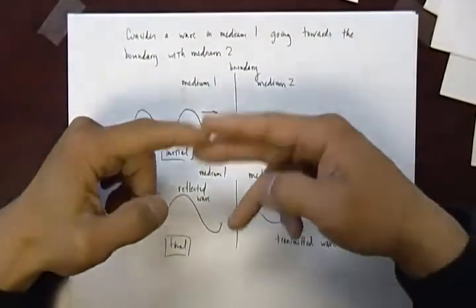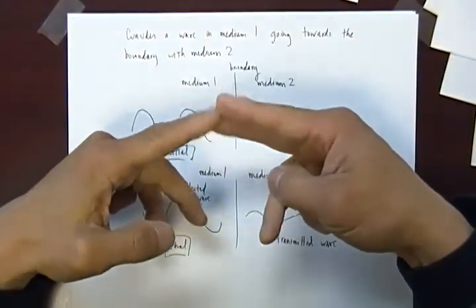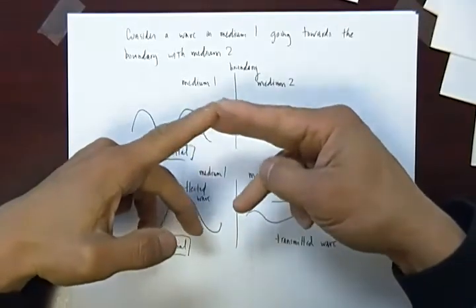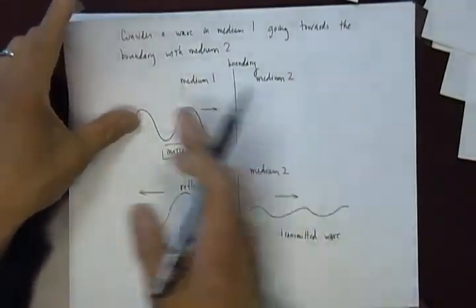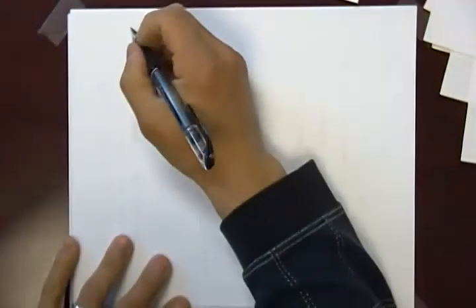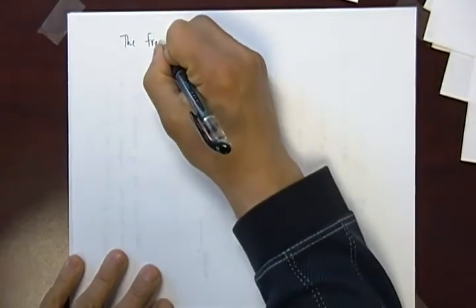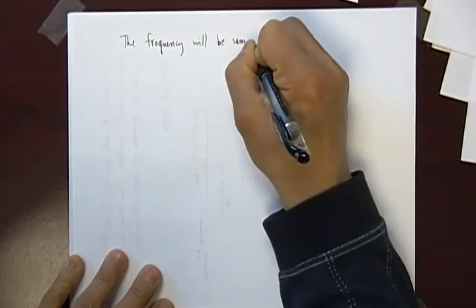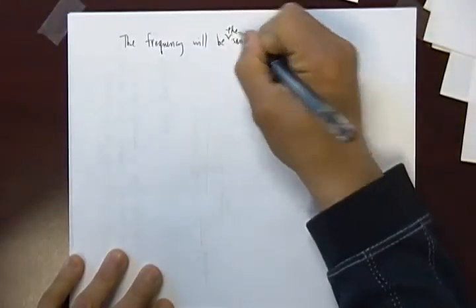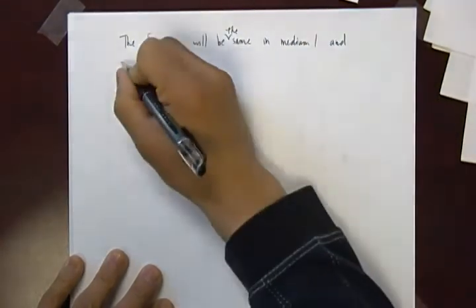Okay, but what is true is that whatever the oscillation is at the boundary, they'll be going up and down at the same time because they're connected. So they actually have to vibrate with the same frequency. That's the key in this sort of transmitted and reflected wave. So the frequency will be the same in medium 1 and medium 2.